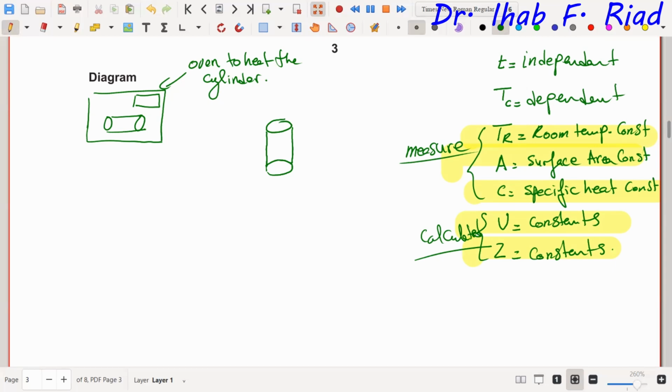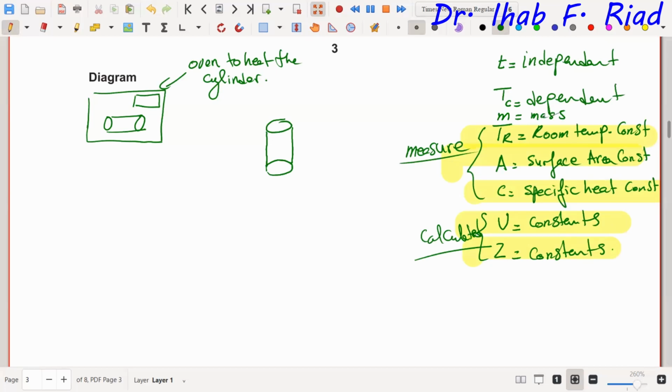We need the formula of a straight line to calculate the constants. Okay. So we need a caliper to calculate the dimensions, right? We need a thermometer to calculate the temperature. What else? By the way, we missed a parameter over here. It is the mass, right?